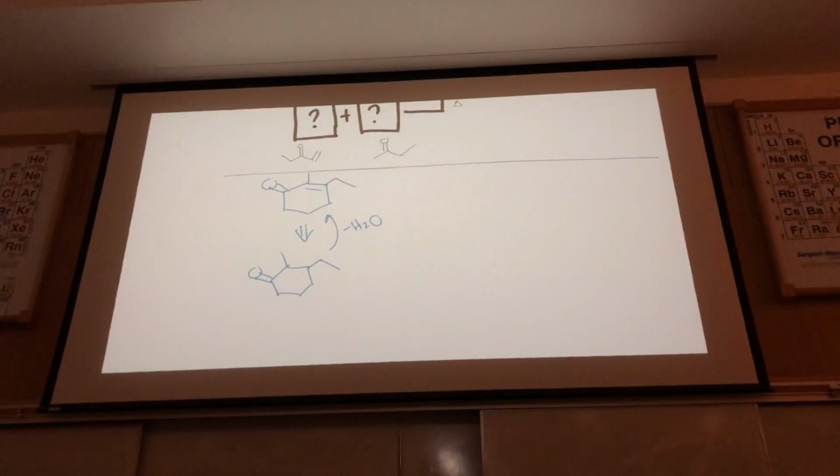Well, the OH had to be here because that used to be a carbonyl that this enolate attacked, right? And this was an alpha H that got removed to dehydrate.